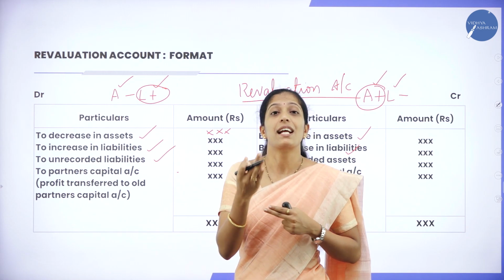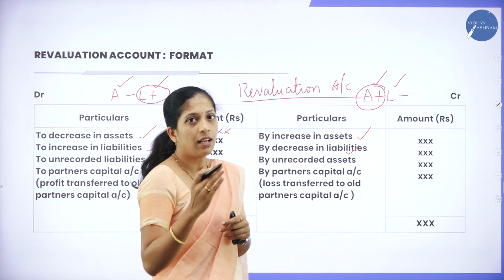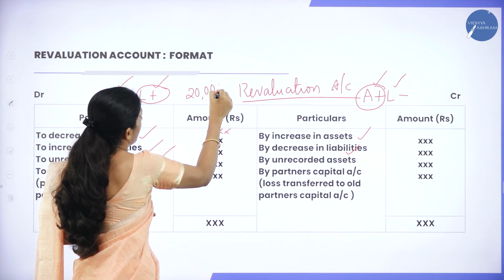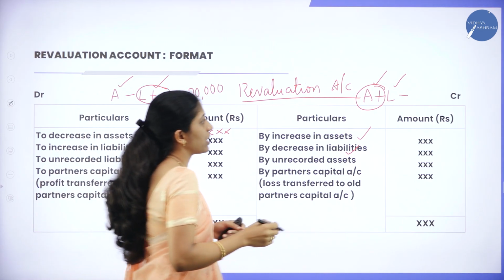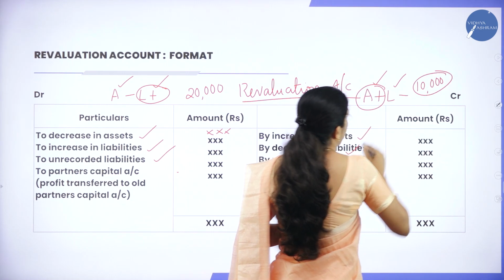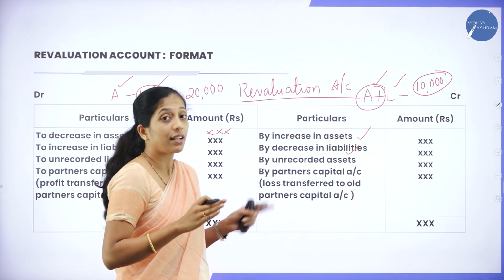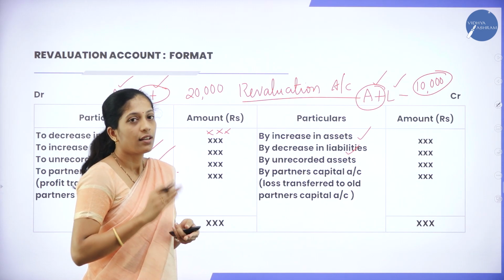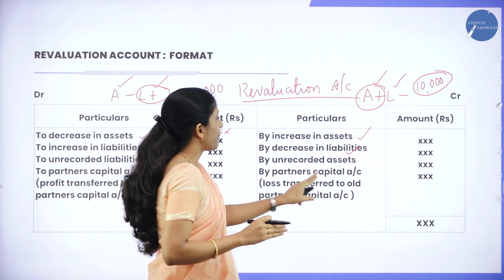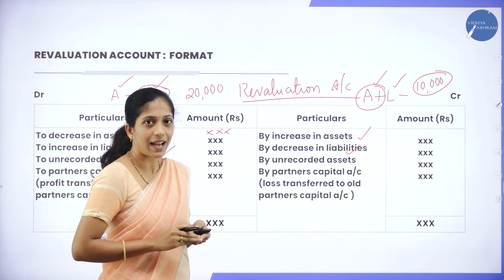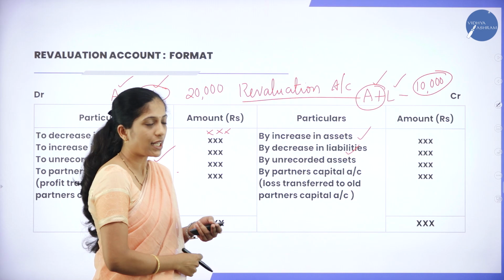Suppose the debit side is more. For example, if the debit side is 20,000 and the credit side is just 10,000, that is, the total of credit side is 10,000. It means that if the debit side is more than the credit side, it is a loss. So how do you record? By partner's capital account. You will transfer that loss to partner's capital account in their profit sharing ratio.